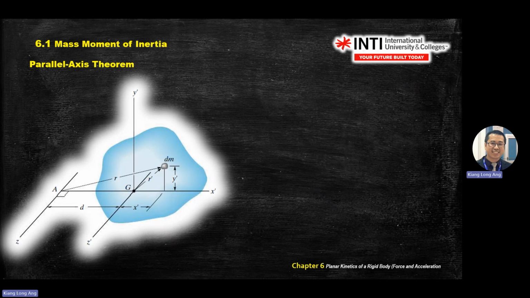So z comma, x comma, y comma is the one that sticks to the body. You learned this in the last part of chapter 5, where you start to see x comma, y comma, z comma. Then we introduce it more in chapter 6.